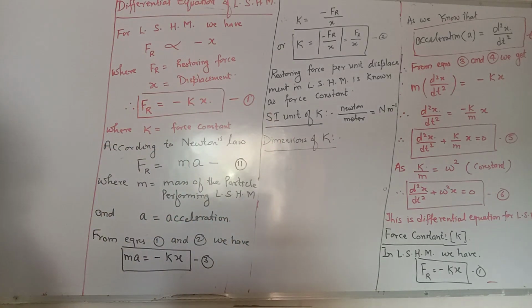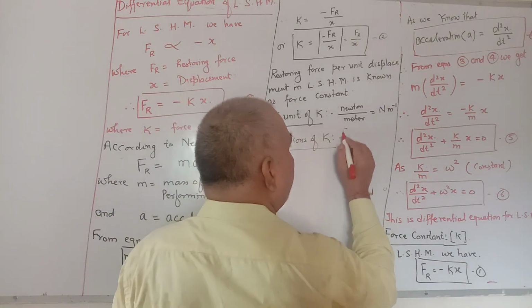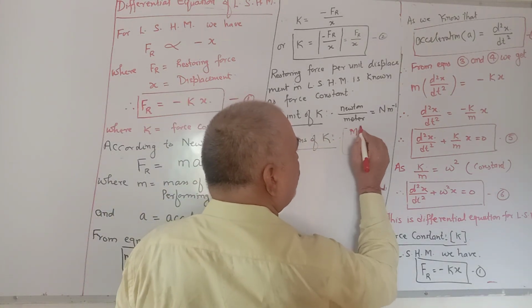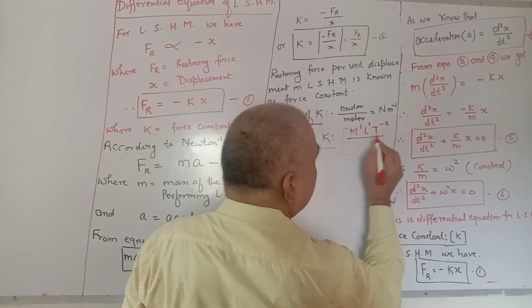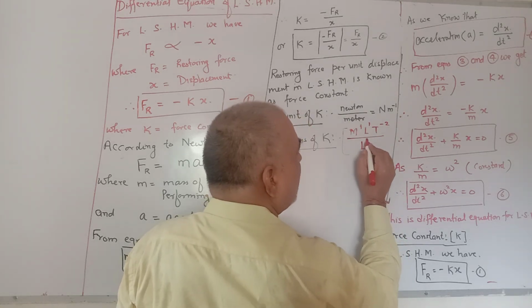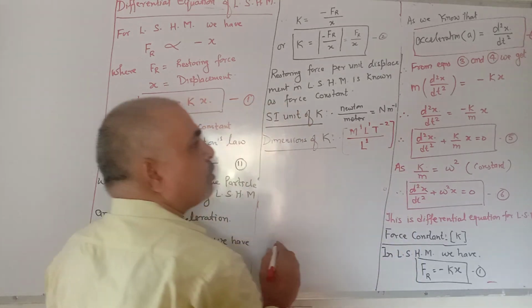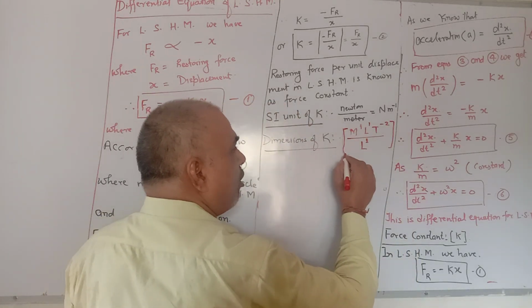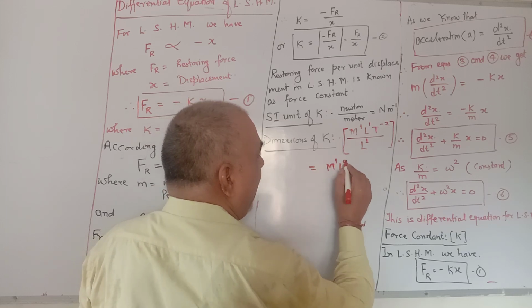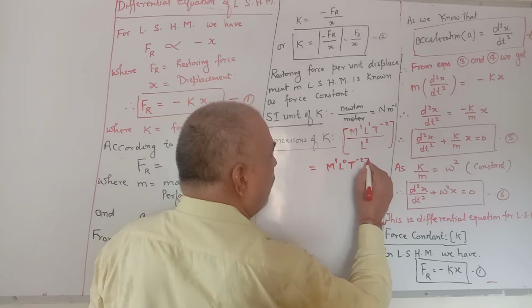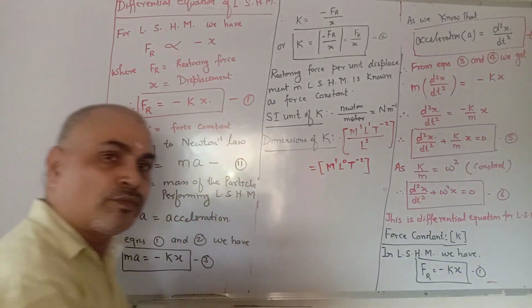For getting the dimensions of force constant, we divide the dimensions of Newton, that is M1 L1 T power minus 2, upon meter, L1. On solving, you will get M1 L0 T power minus 2.